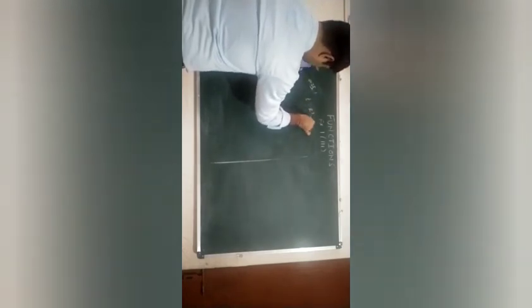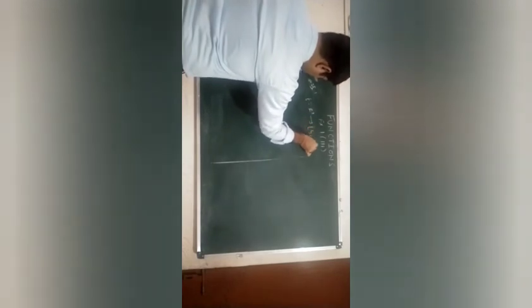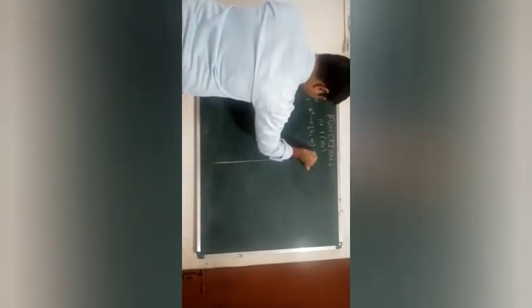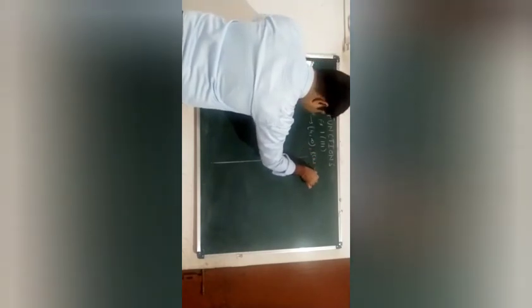A function f from R plus to 4 to infinity, defined by the formula f of x is equal to x square plus 4. Okay, we have to show that this is a bijective function.